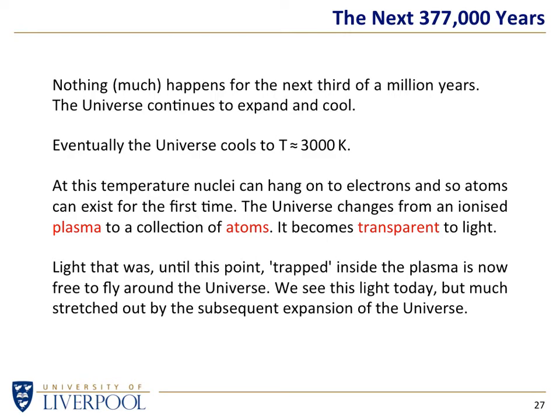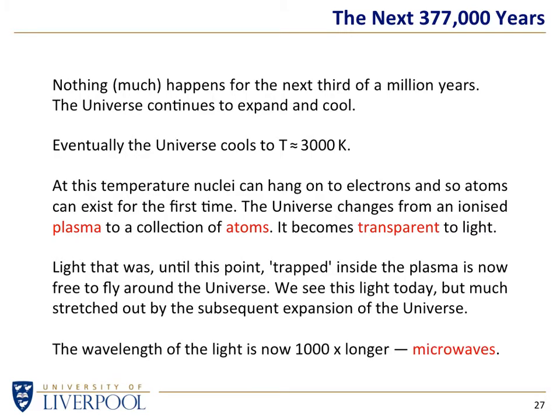Heat anything up to 3000 Kelvin, it will produce a lot of visible light. Some ultraviolet, some infrared, but mainly visible light, because the universe was white hot at this point. And we see that light because it was released after 377,000 years, and now we see that light, but it's been stretched out because since that point, the universe has got a lot bigger.